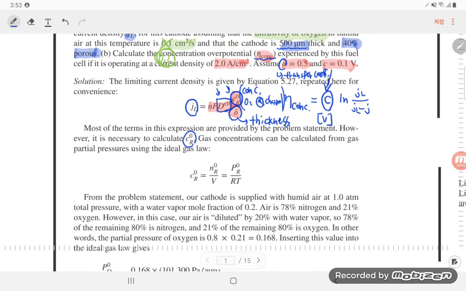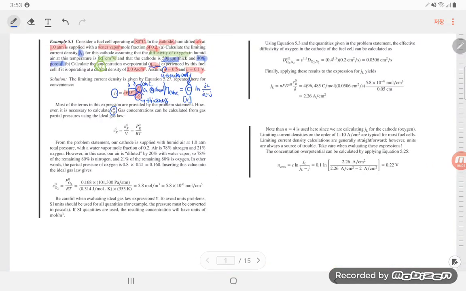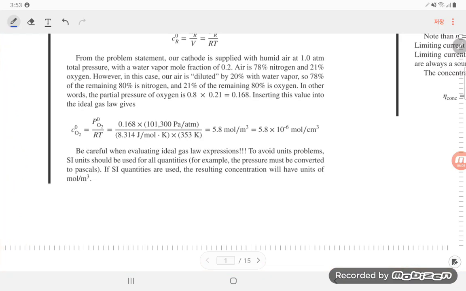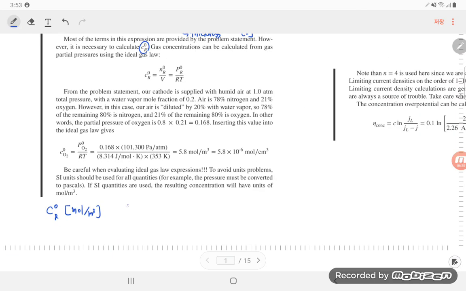So how to define the concentration of the gas? The concentration of the gas is expressed in the unit of mole per cubic meter, right? Then let's see the ideal gas equation, PV equals nRT.